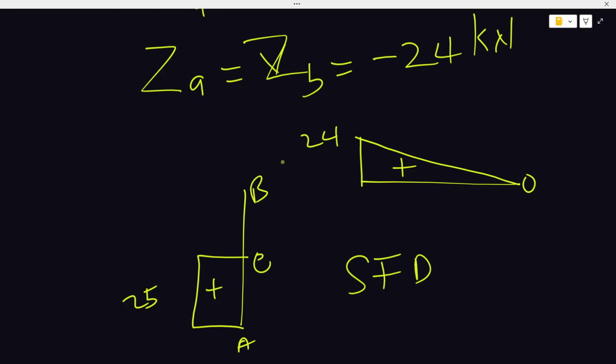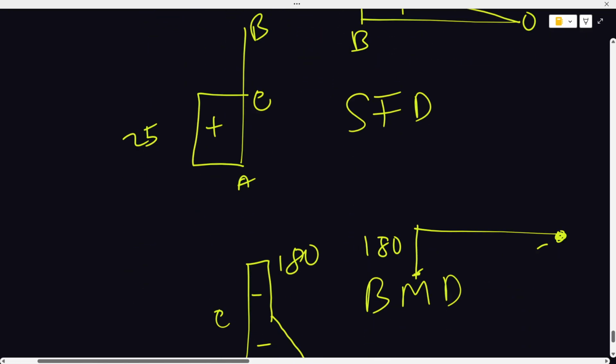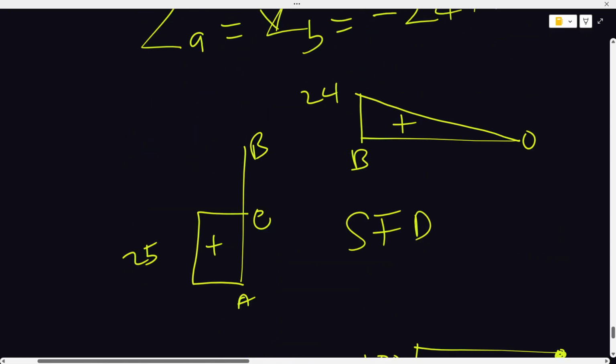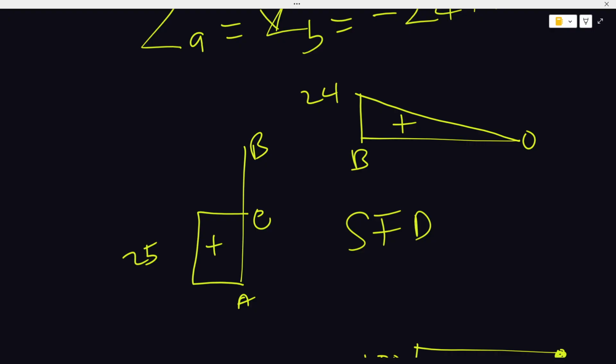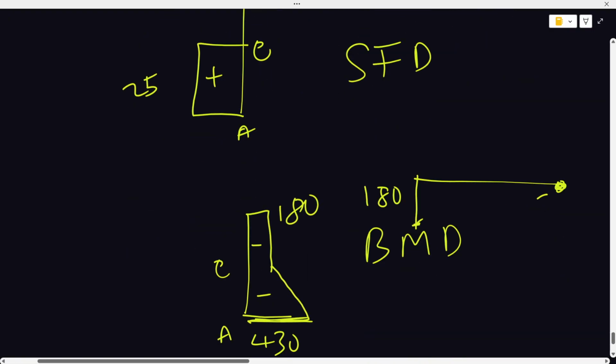So if your shear force is the slope of your bending moment at various points, then at point B the slope of my bending moment would be 24, because the shear force here is 24. But it now keeps reducing. The shear force keeps reducing, which means the slope of my bending moment would also reduce. And for the slope to reduce, it must tend to 0.